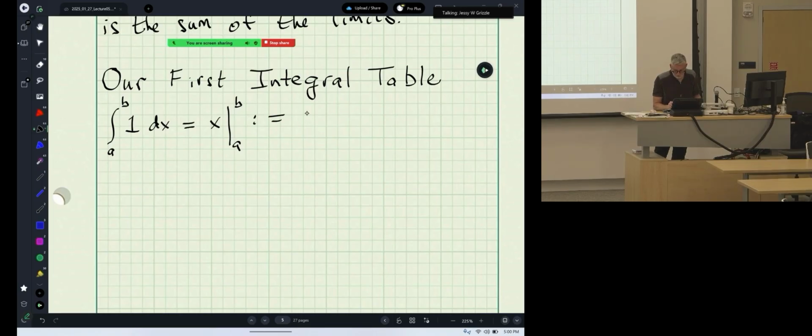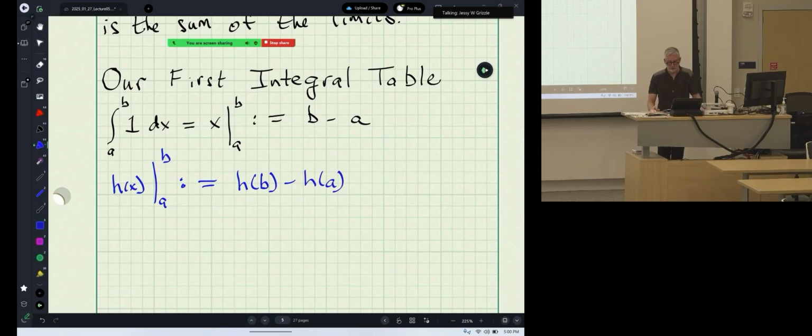And this means b minus a. So this symbol, h of x from a to b, is a very handy notation for h of b minus h of a.